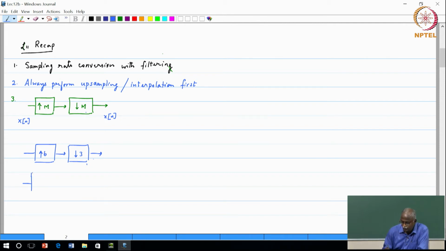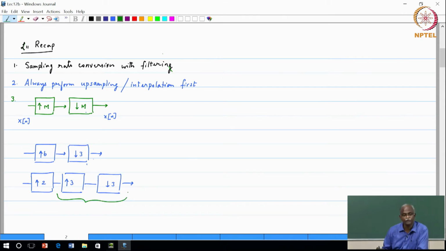Now, this can also be done in 2 stages: upsampling by a factor of 2, upsampling by a factor of 3, followed by downsampling by a factor of 3. And the result that we have shown says that the combination of these two cancel each other. So, effectively the upsampling by 3 and downsampling by 3 is effectively just upsampling by a factor of 2.